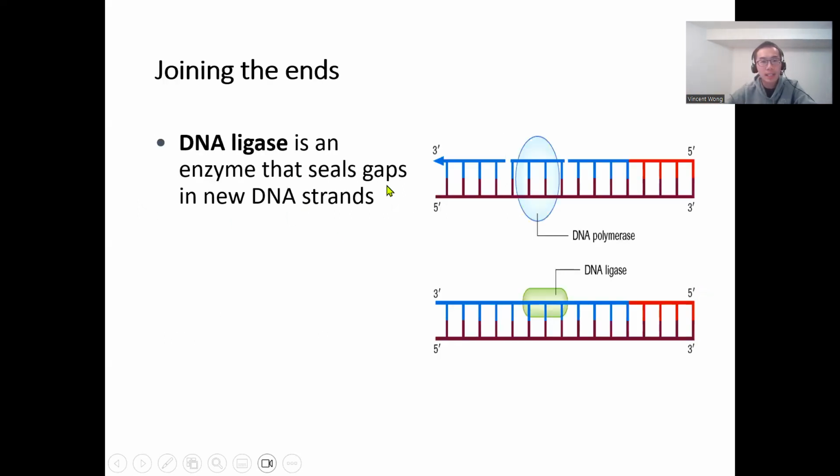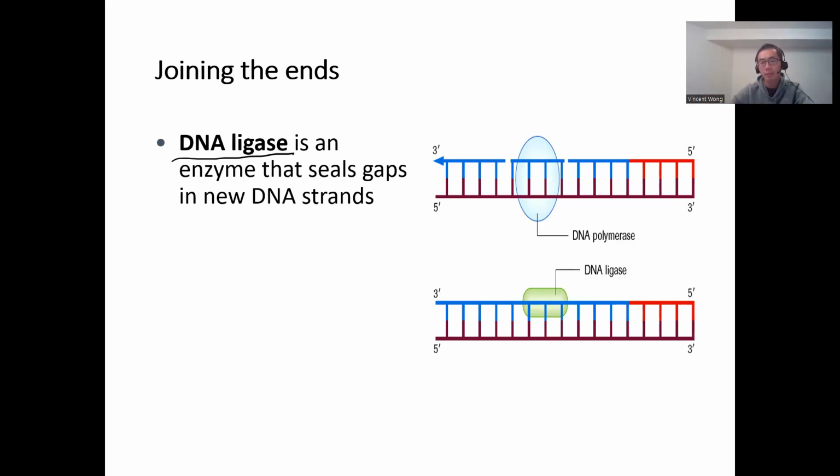So here are the Okazaki fragments. You can see there are some gaps here in the strand. And of course, the Okazaki fragments are only found on the lagging strand. So you only need to have the ligase on the lagging strand. There's nothing to glue together on the leading strand. The leading strand is being synthesized continuously, right?